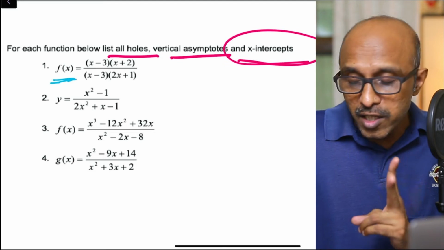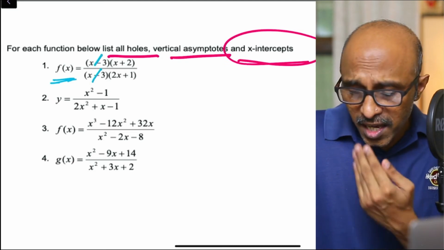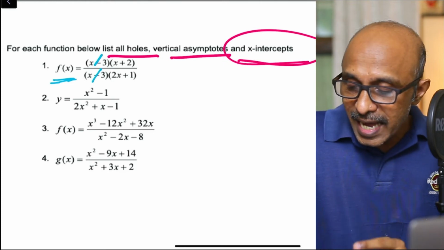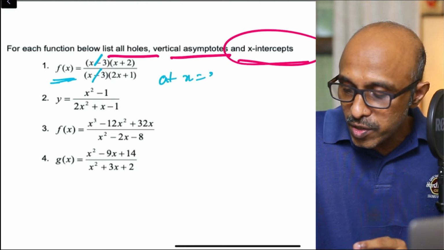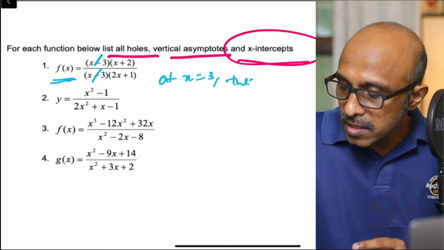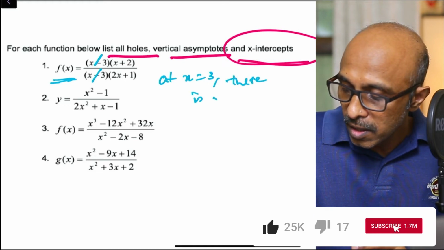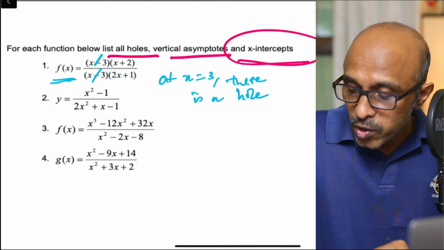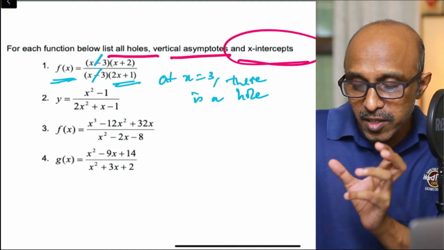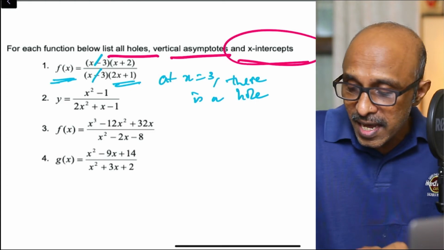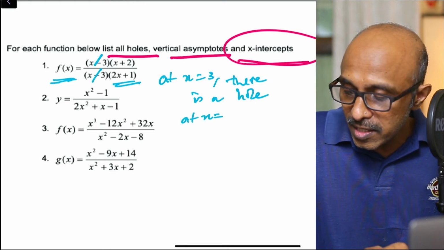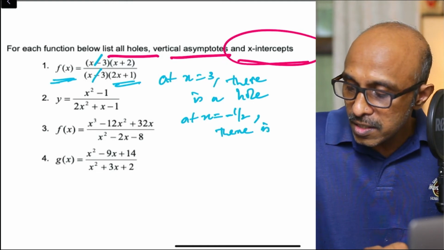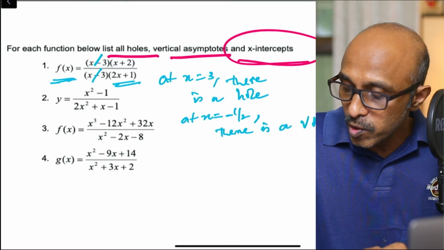And as you can see, algebraically, this factor, x minus 3 can be cancelled on the numerator and the denominator, which means that at x is equal to 3, there is a hole, not a vertical asymptote, all right? But 2x plus 1 remains, that factor in the denominator remains, and we can say that at x is equal to negative half, there is a vertical asymptote.